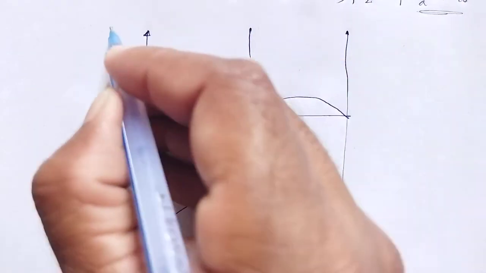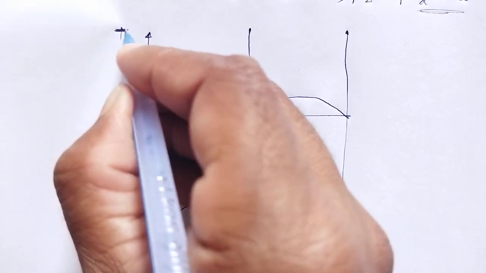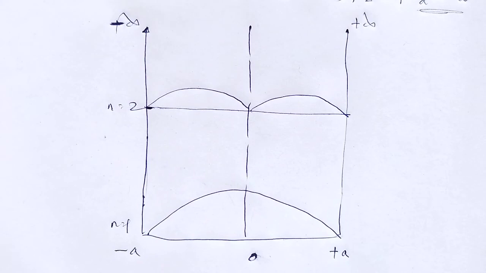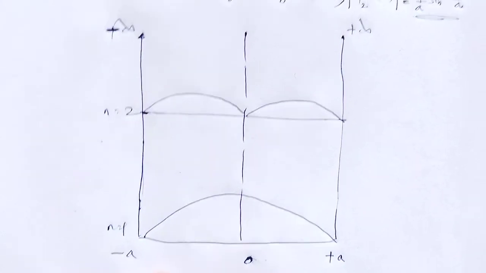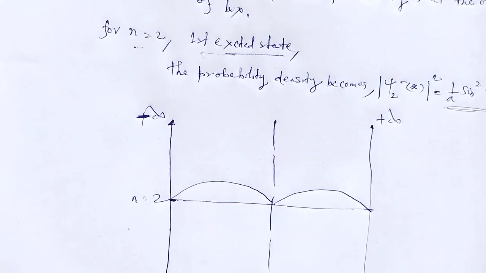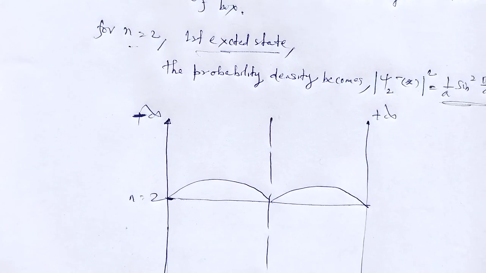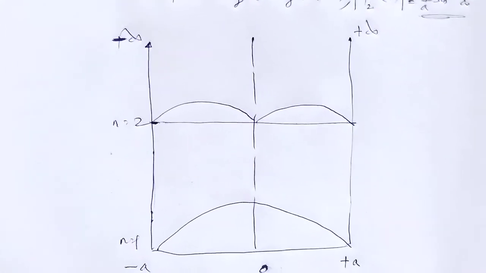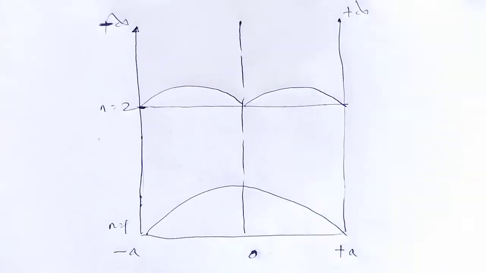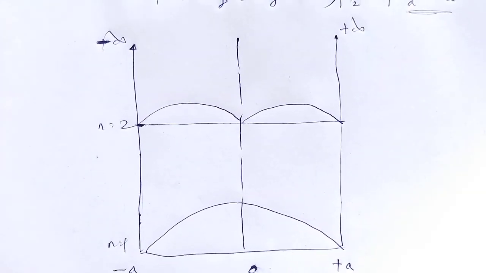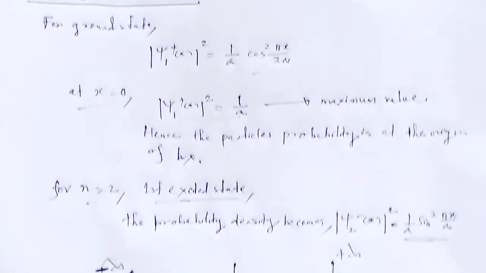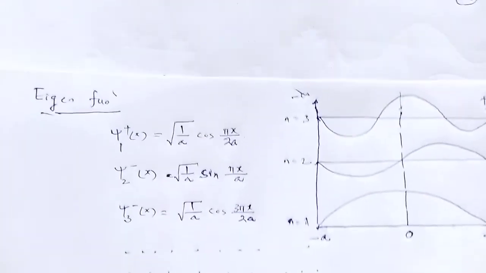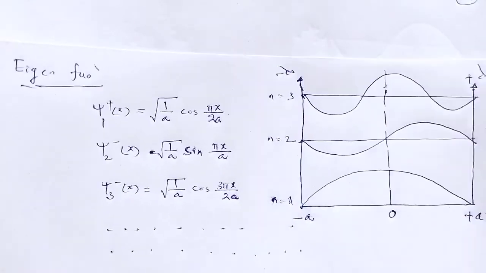This stands for minus infinity to plus infinity. This is the probability distribution. How? We choose a particle inside the box. What should be the probability of finding that particle? That is defined using the probability density concept, the probability distribution, and this is the eigen function.